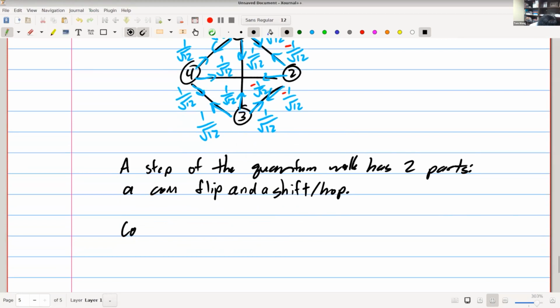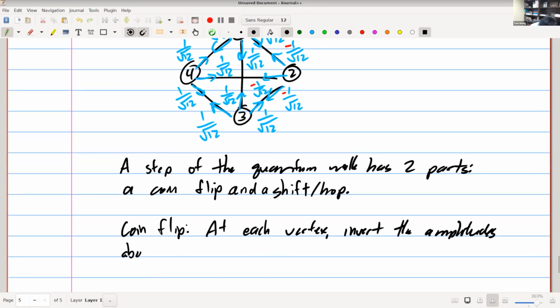Let's start with the coin flip. At each vertex, we invert the amplitudes about their average. This isn't going to be very interesting for the first step.